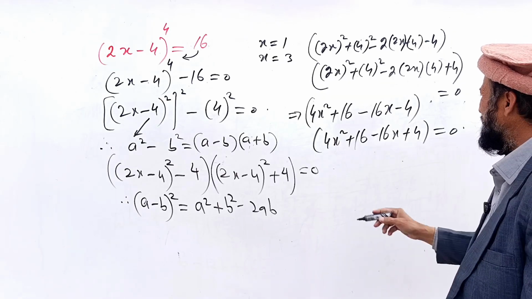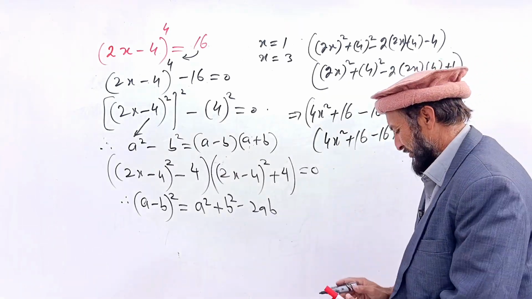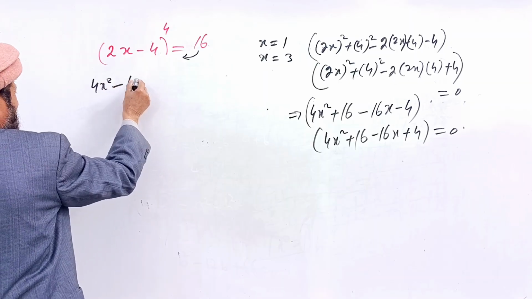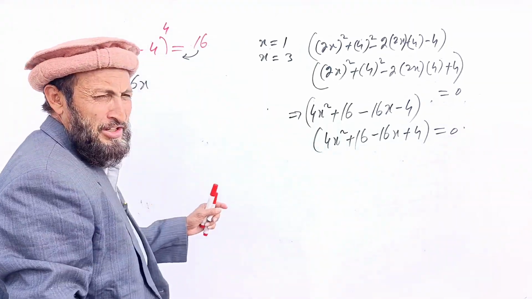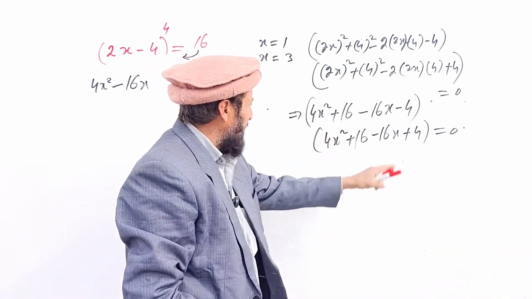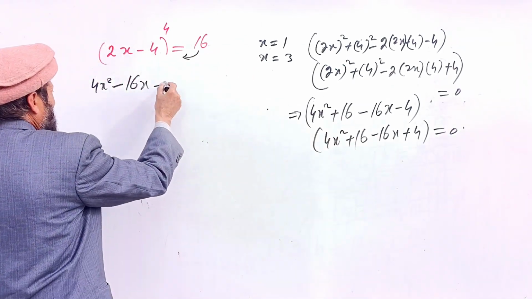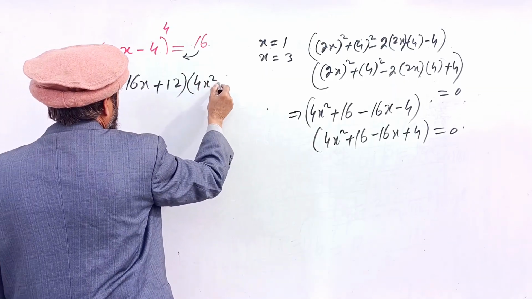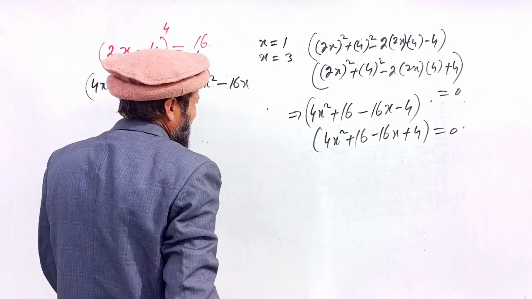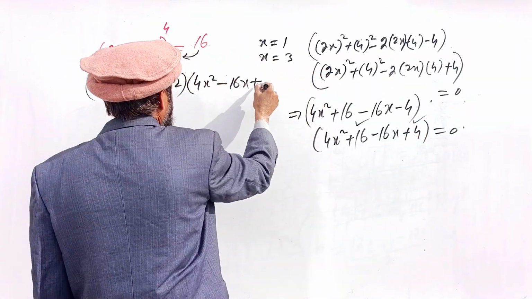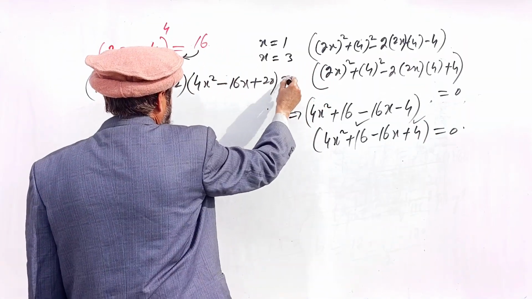Now we simplify and arrange the terms according to the quadratic equation. 4x square minus 16x, and 16 minus 4 we get plus 12; similarly 4x square minus 16x, and 16 plus 4 we get plus 20, is equal to 0.